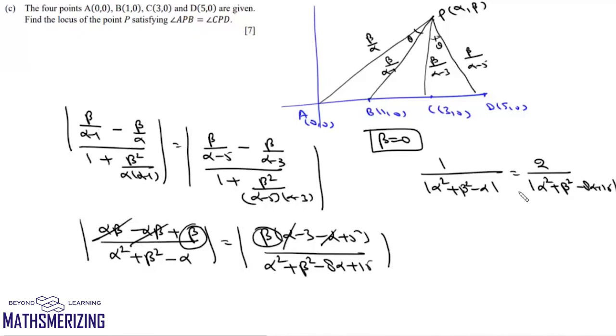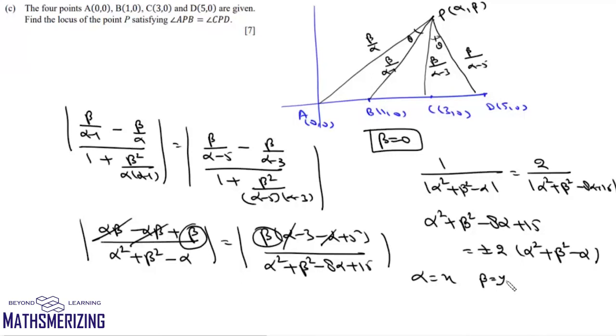So we can write this as alpha square plus beta square minus 8 alpha plus 15, and it'll be equal to plus minus 2 times alpha square plus beta square minus alpha. Now in the end, we'll replace alpha with x and beta with y. So one of the locus that we'll get is when y is 0, and the other one is this equation of circle. We'll take plus sign, we'll get one equation, and if we'll take minus sign, we'll get other equation. And this is the locus of this point P.